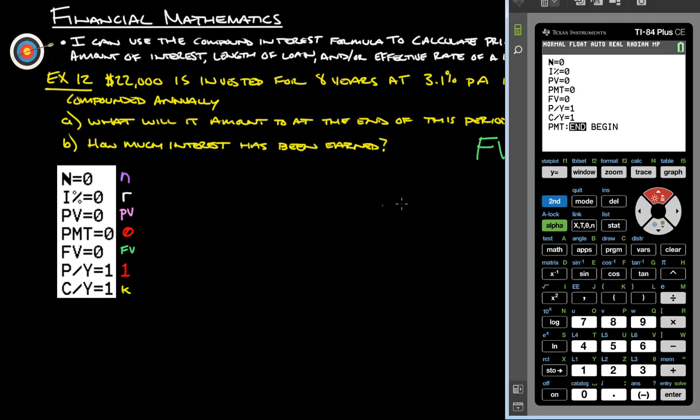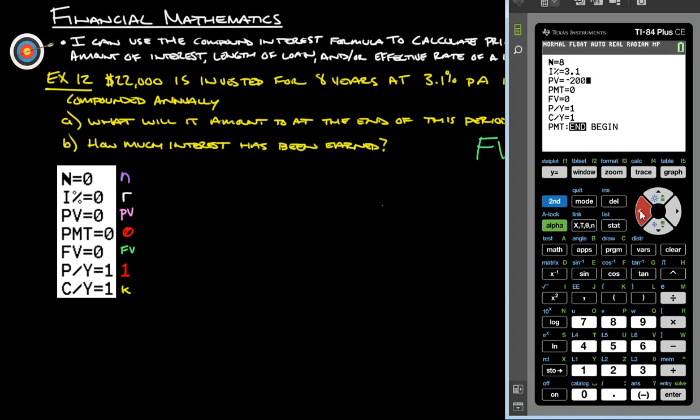So, N is our time, so it is 8 years, so we're going to put 8 in for this N. The I is the interest rate, 3.1. You do not have to turn it into a decimal, you just leave it as a percent. The PV, present value, remember this is always negative. Okay, so we're going to put in negative, and then you're investing 22,000.